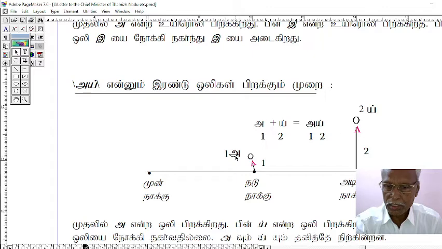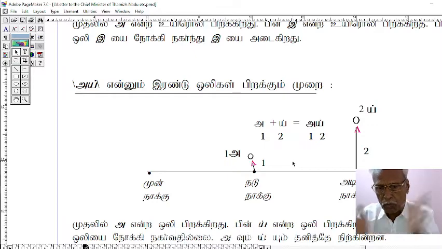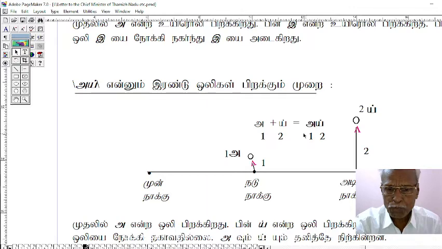After these two letters A and E are produced, they stand as they were born. They do not try to merge with each other, forming a compound phoneme, because that is not possible. See, A and E are standing as they are born.